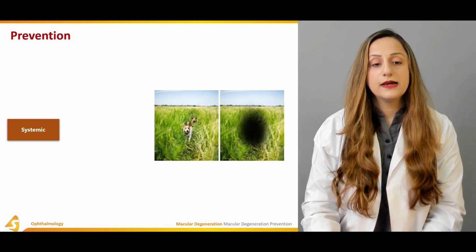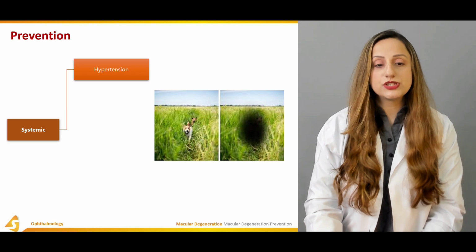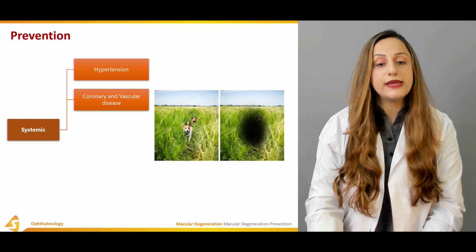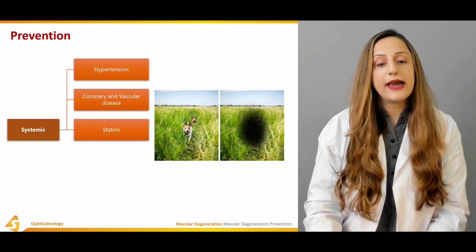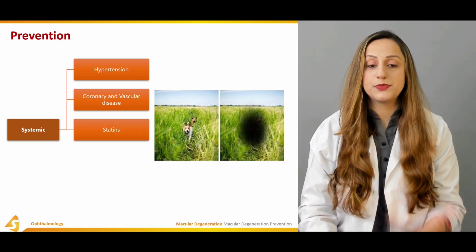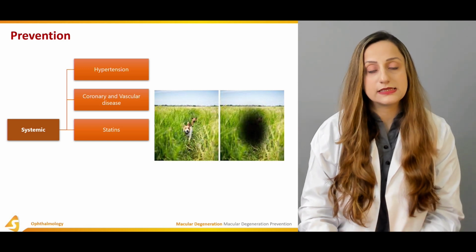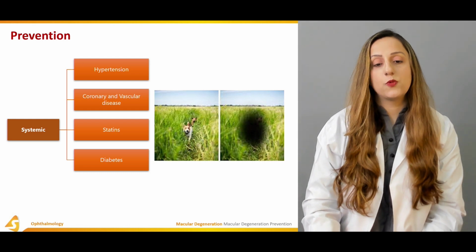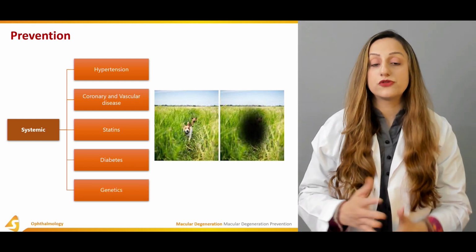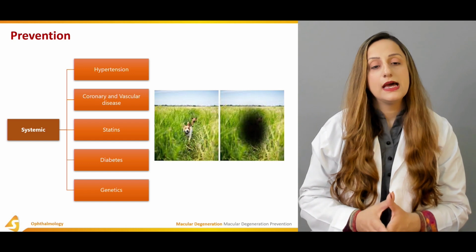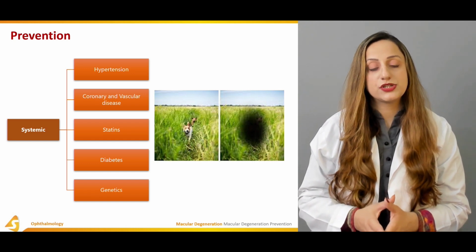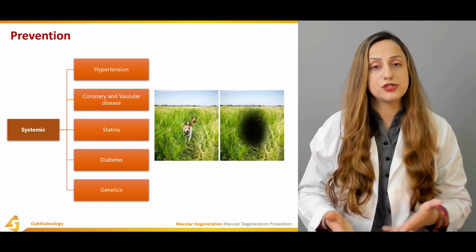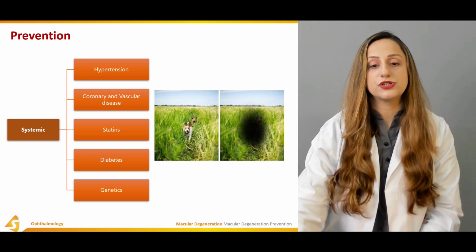The systemic factors would include hypertension, then the coronary and vascular diseases. Long-term intake of statins can even contribute towards it. Diabetes mellitus is one of the diseases that can contribute towards the development of this sort of macular degeneration, and genetics or familial predisposition is very important.